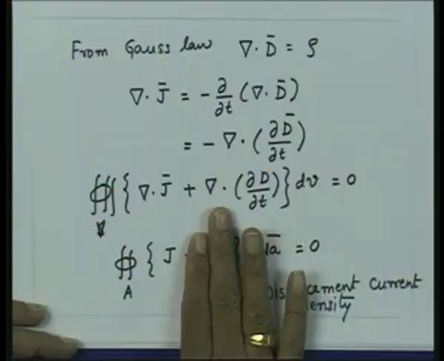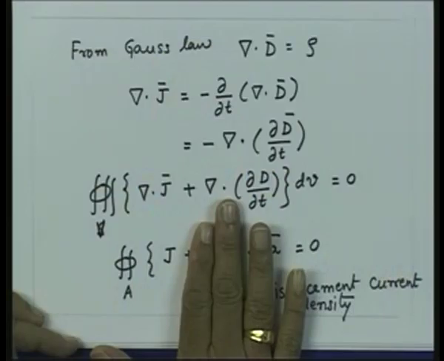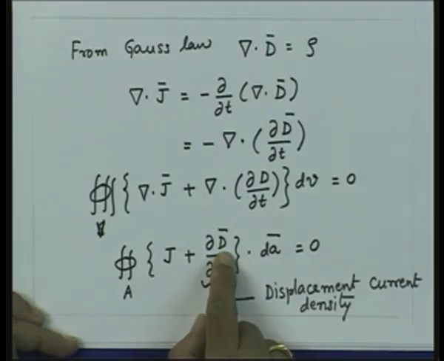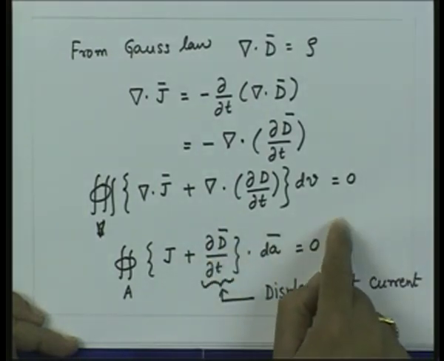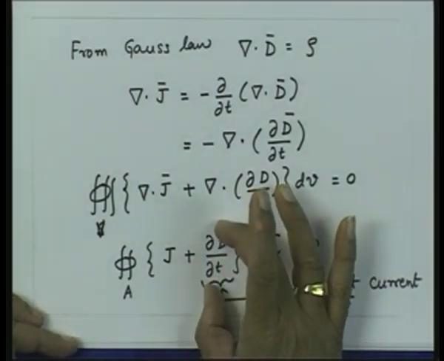Earlier, since this concept was not there, current always meant the flow of charges. However, in this case there is no flow of charges, because even if I do not have charges, I will still get this quantity, since D is related to the electric field. If I have a time varying electric field, this term is equivalent to a current flow.